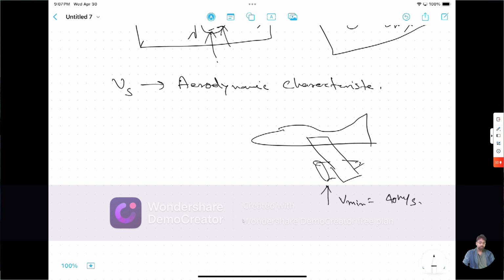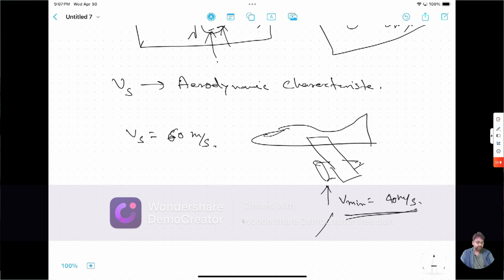Now, according to the weight for a particular flight, suppose the stalling velocity is 60 meter per second. Then you can never fly at this speed, that is the minimum velocity produced by the engine.